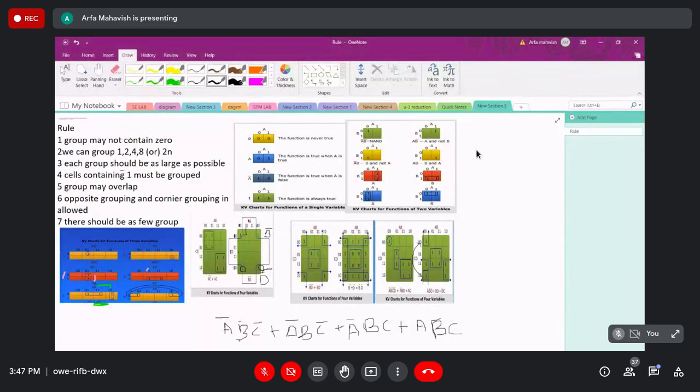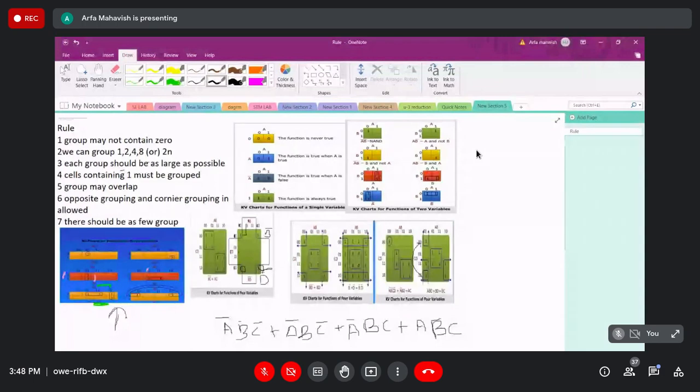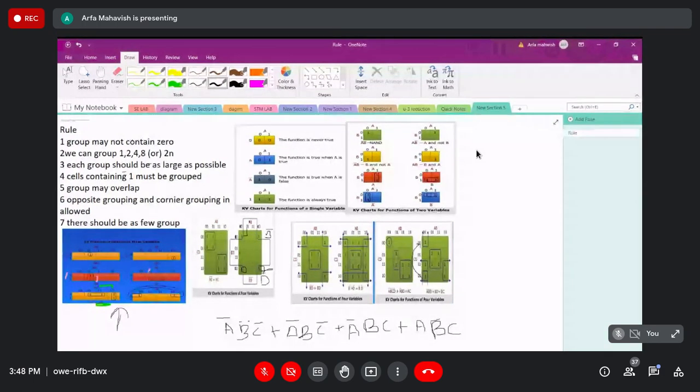So draw the KV chart in this way for three variables and solve this chart. Give me the expression you are getting. Next class I want that at any cost.